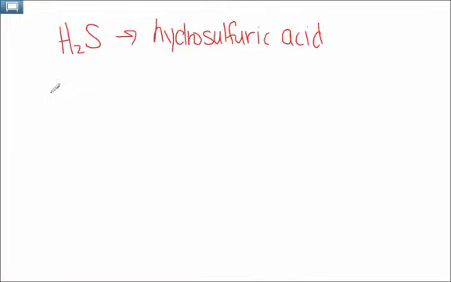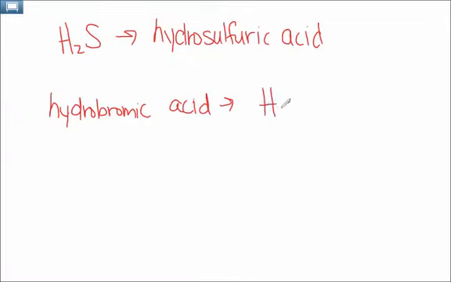What would be the formula if I say we have hydrobromic acid? Well, let's write our charges. That way we can check to know if we have subscripts or not.